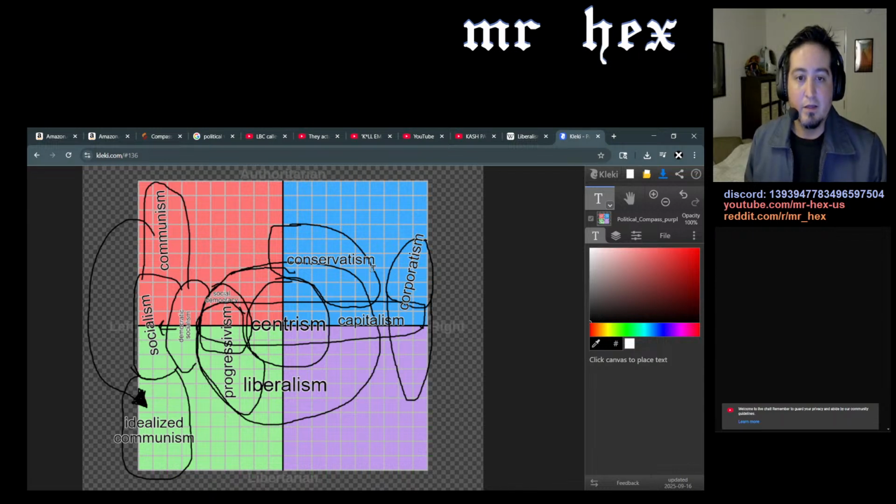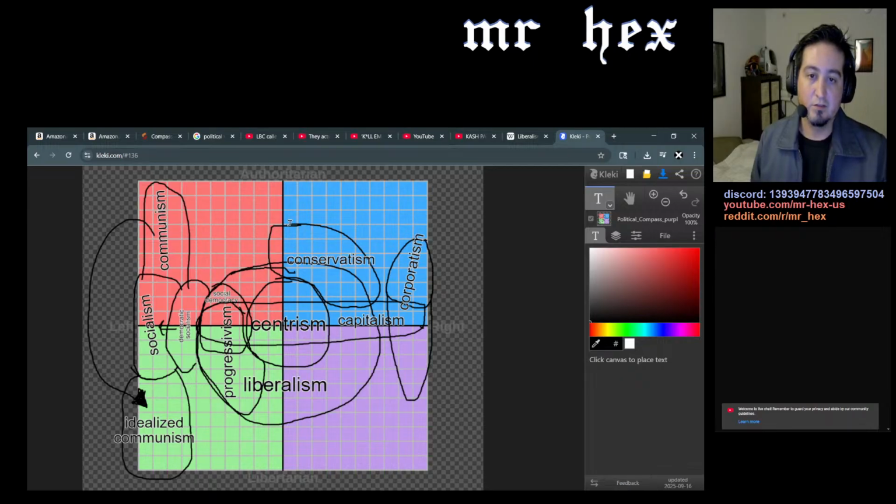Now, moderate conservatism, your baseline conservatism, is a little bit more authoritarian on the social values, but we haven't reached fascism yet, okay? Once you've gone from conservatism to reactionary to fascism, then we get up to here. In addition to this, conservatives tend to oppose left-wing economic ideologies, regulations, taxation, and so on.